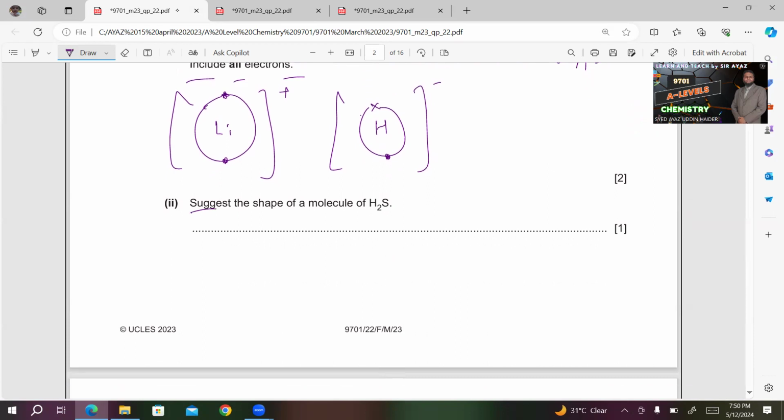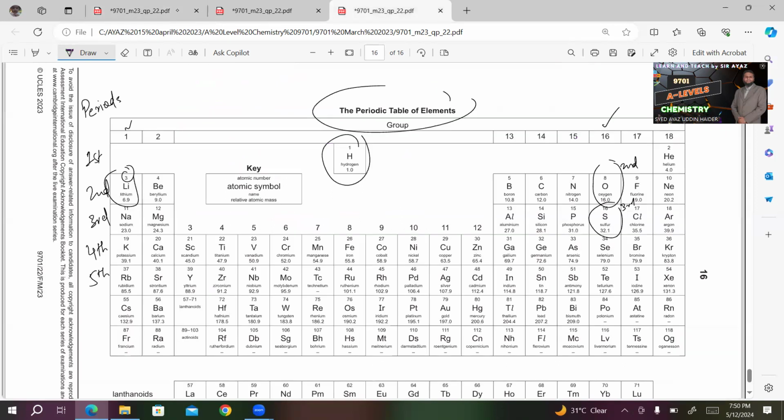Number 2 suggests the shape of a molecule of H2S. Shape of molecule of H2S. We have 1 sulfur and 2 hydrogen. Look at the position of sulfur.